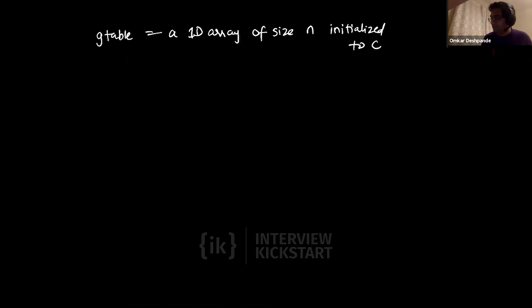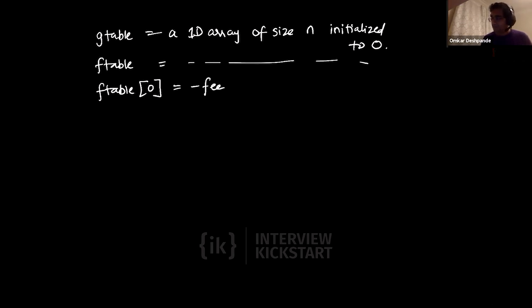Your G table and F table, one-dimensional arrays of size n, initialized to 0. Let's do the same thing with the F table again, but we have to ensure that the fee at index 0 is present.